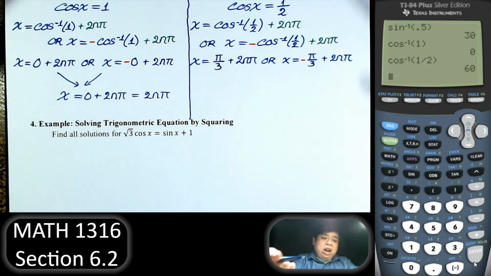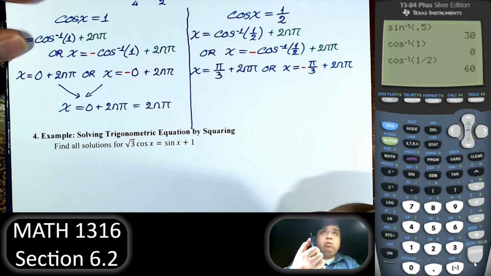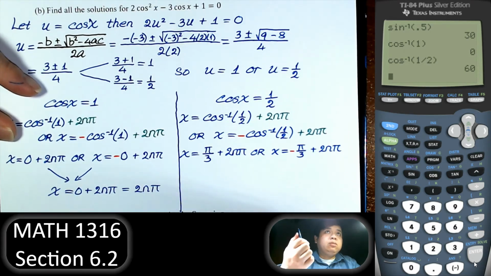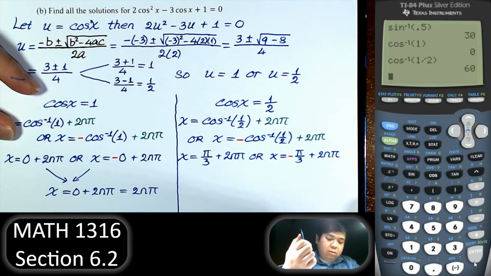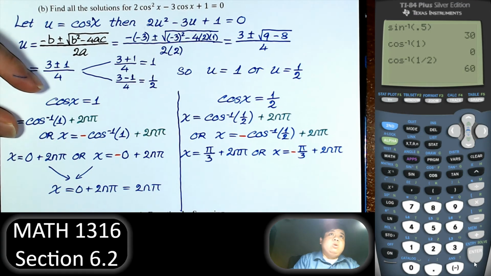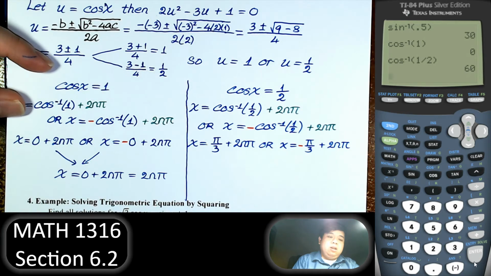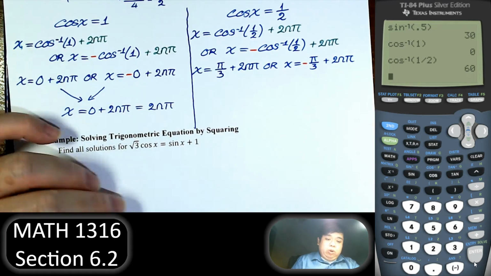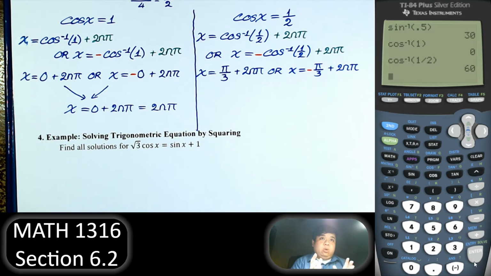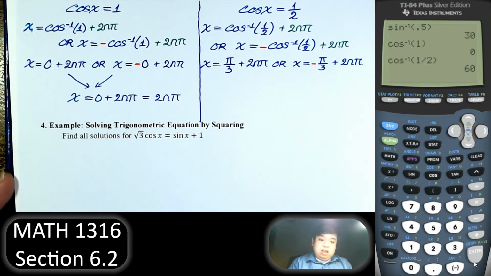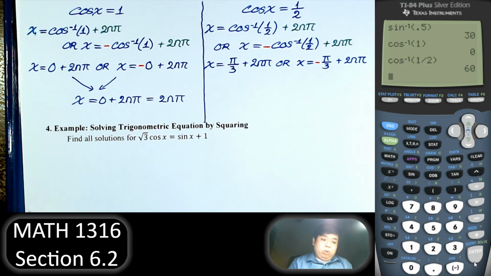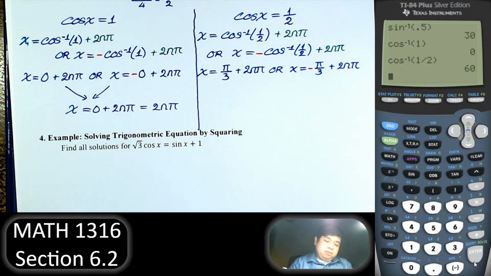Now in this equation, what happens if we have both sine and cosine? If we have both sine and cosine, the first thing we do is try to get it into either sine or cosine, because when we have both like this, it's not going to work. So what we do is square both sides.